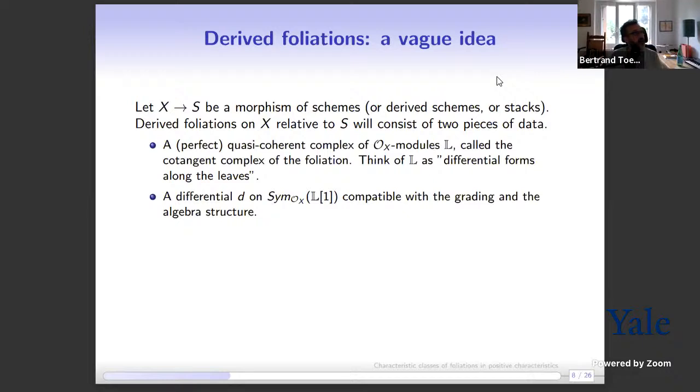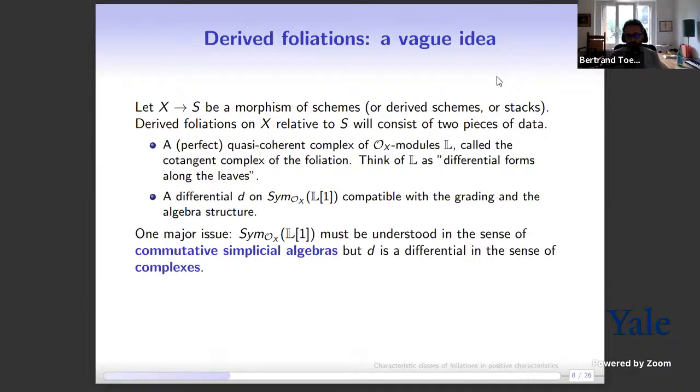If you unfold these definitions, it's just a point of view where you define foliations by differential ideals in the de Rham complex. You can define a foliation not by a subbundle of the tangent bundle, but by a subbundle of the one forms which generates a differential ideal, stable by the de Rham differential. So that's the idea behind this definition.